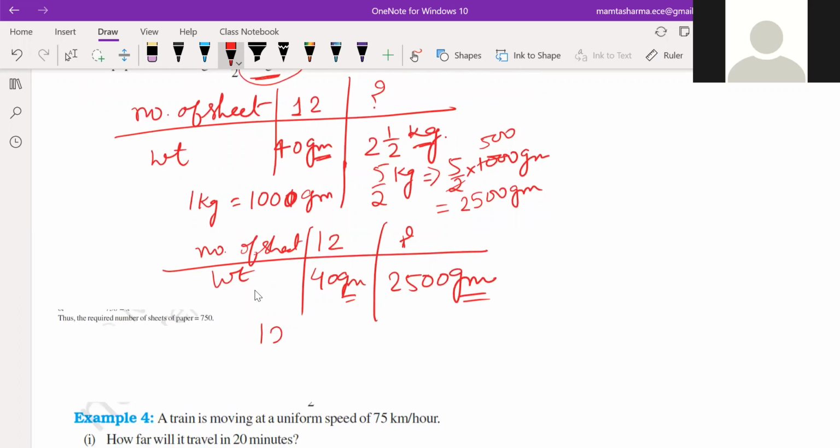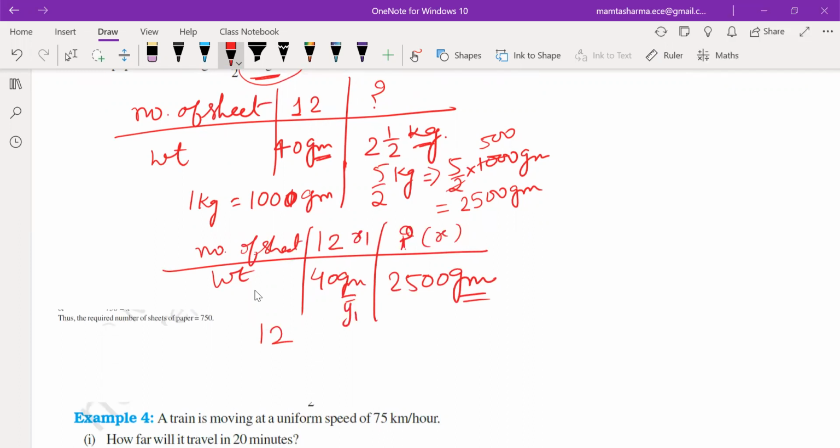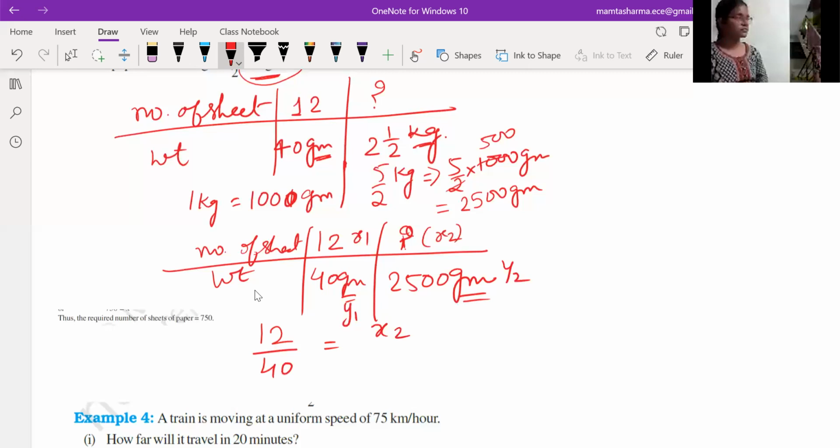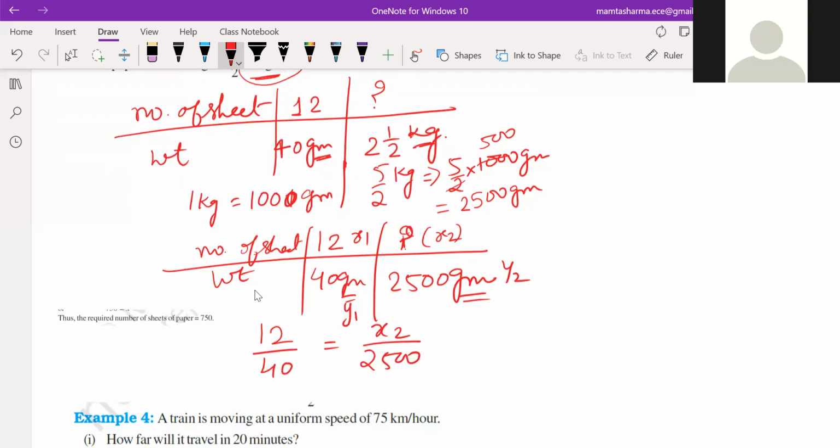Let's say this is x1, y1, this is x2, y2. You have to find out x2. So 12 divided by 40 equals x2 divided by 2500. Now find out x2. Again cross multiply: 12 into 2500 divided by 40. So solve it.